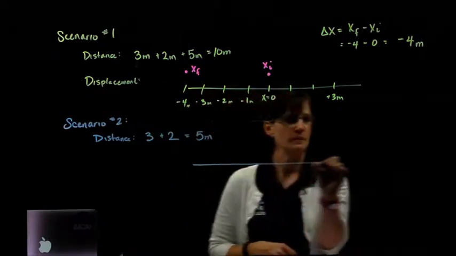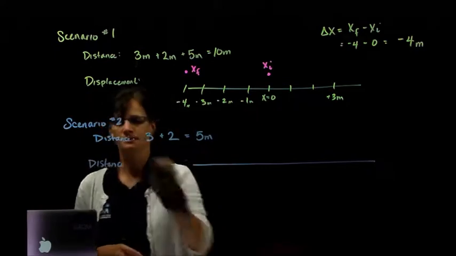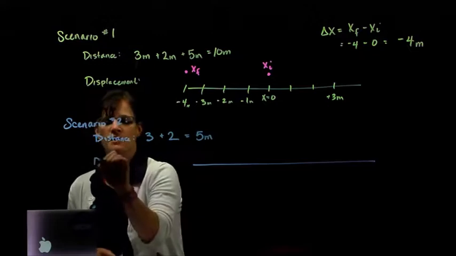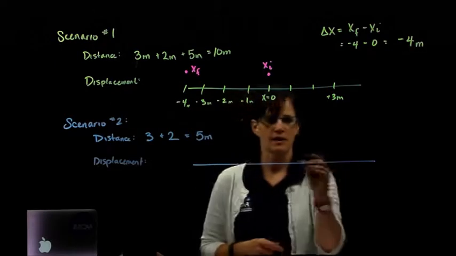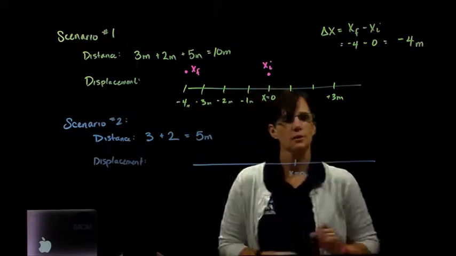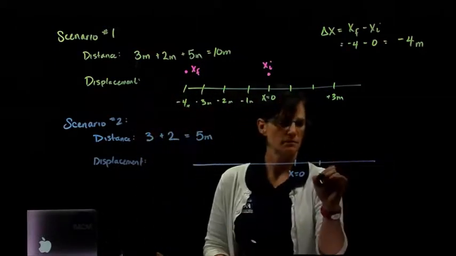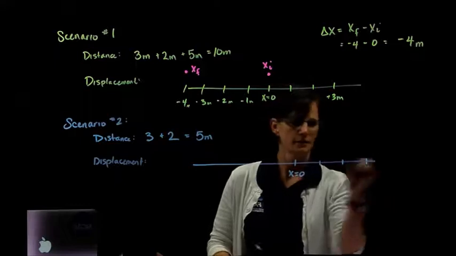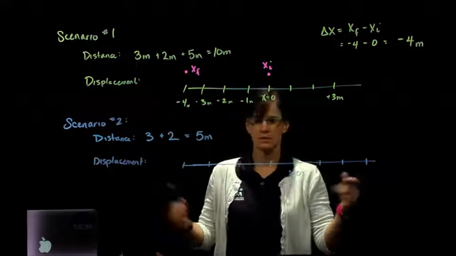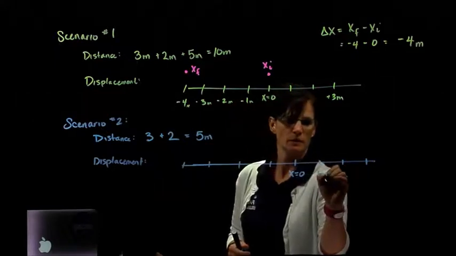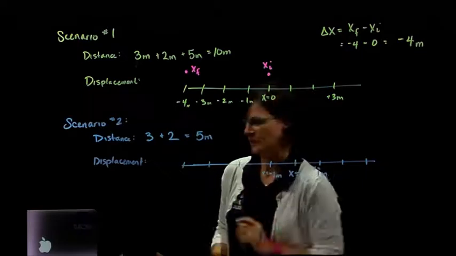If I'm interested in displacement, we want to look at position information. So we need to make sure that we define those positions. We have to define the origin. So there's my origin. I'll just put on some additional hash marks, each representing 1 meter, just to give us a gauge.